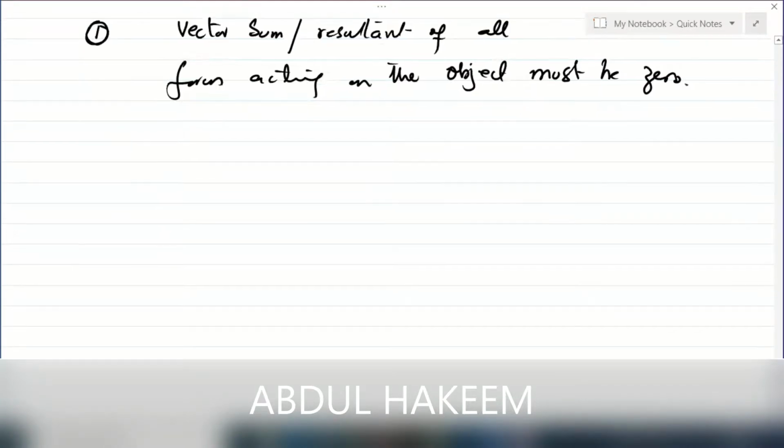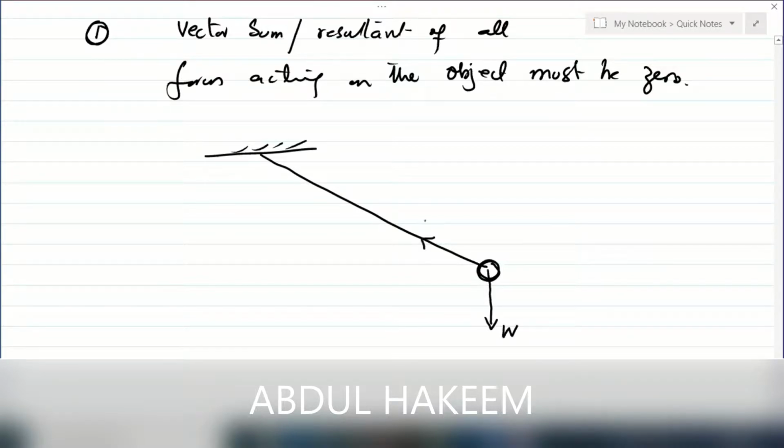For example, this is the pendulum which is displaced to one side. It is held stationary. Three forces are acting. One is the weight, other is the tension, and the third is your force to hold it. So it is at rest, so stationary.